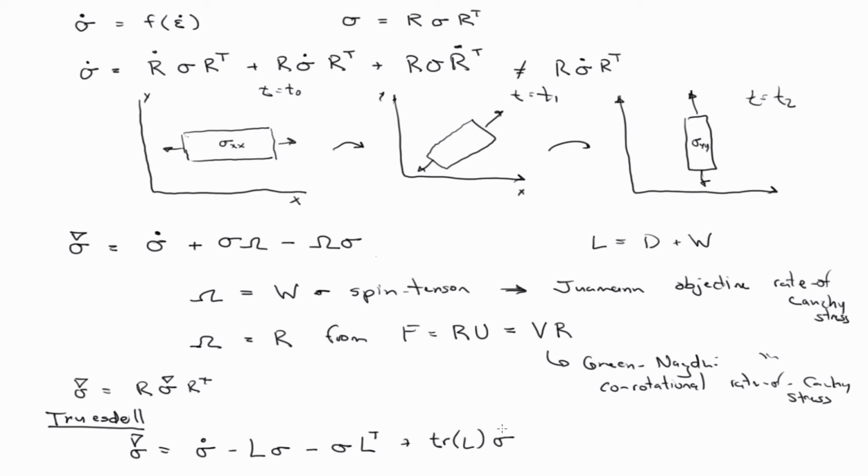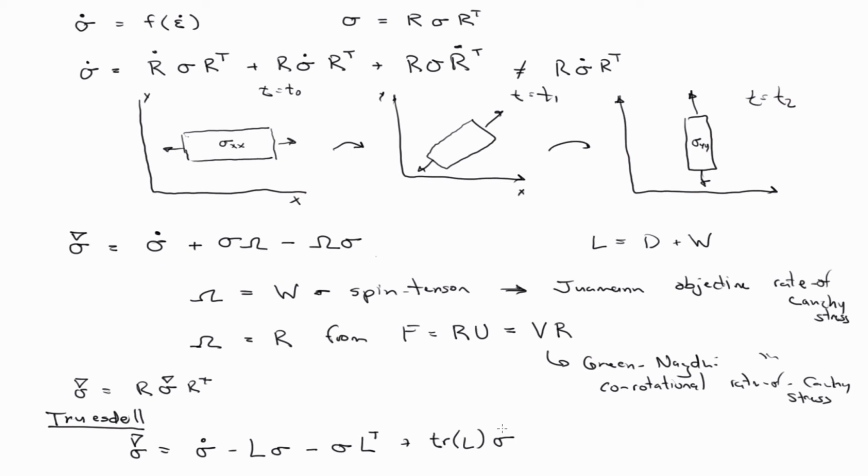Where I want to go is we had an equation for dE dt, the rate of Green-Lagrange strain, which was F dF transpose. So if F is R here, then dE dt would be 0.